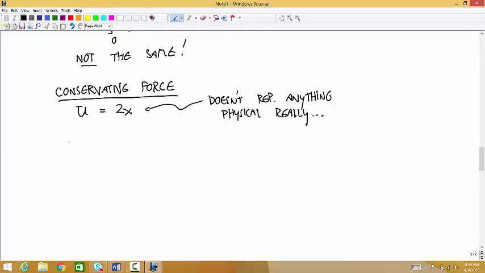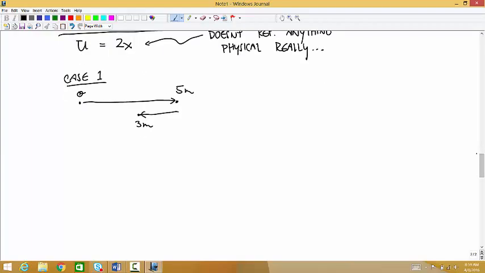Okay, so case 1. Let's do the two paths again. So it's going to go from the origin to 5, and then back to 3. So how are we going to calculate the work? Well, remember, the work for a conservative force is just equal to the negative change in potential energy.